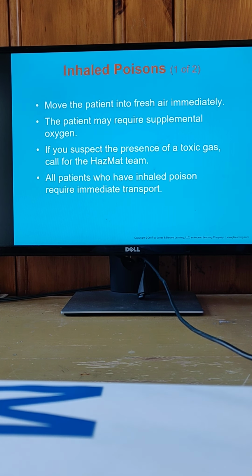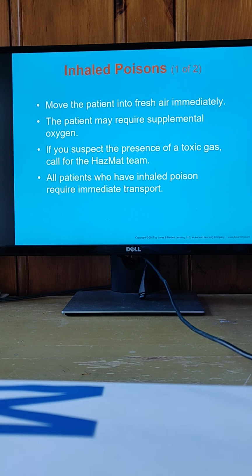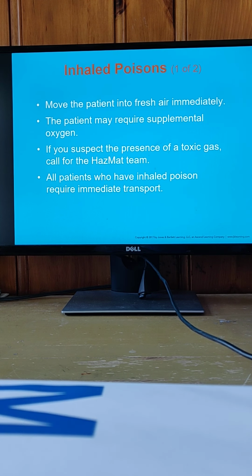Okay, so let's talk about inhaled poisons. One quick thing. When you're dealing with a poisoning patient or a suspected overdose, easier said than done, try your best not to judge the patient. We have no idea whether the patient did it deliberately. We have no idea whether the patient did it accidentally.